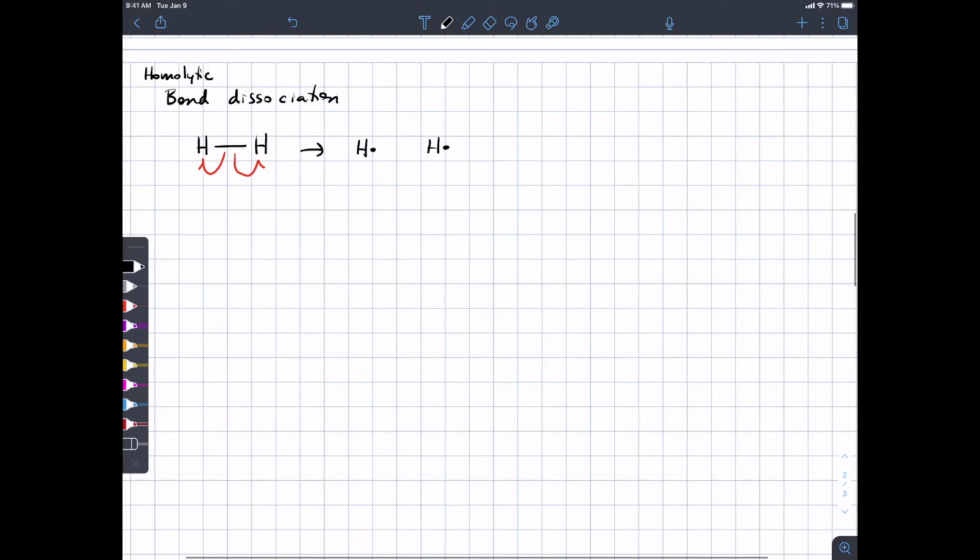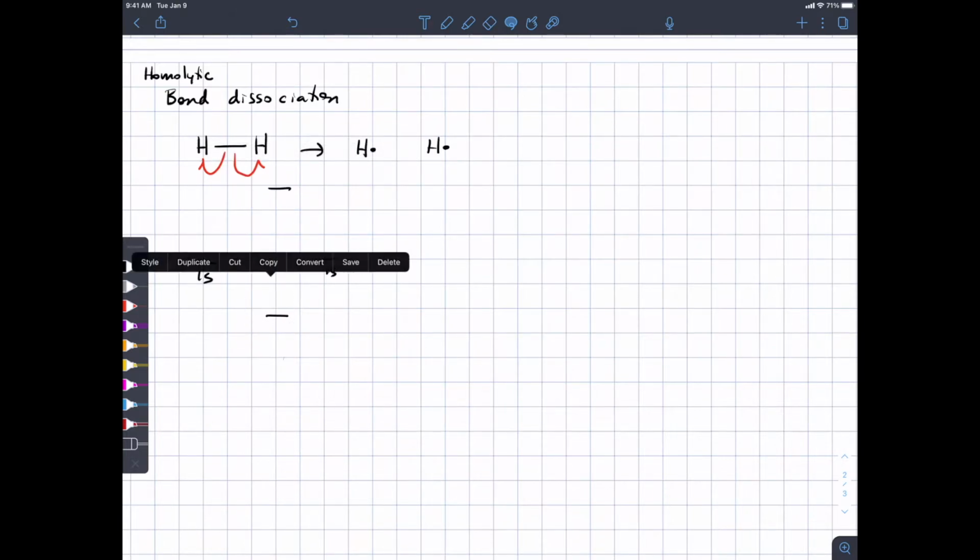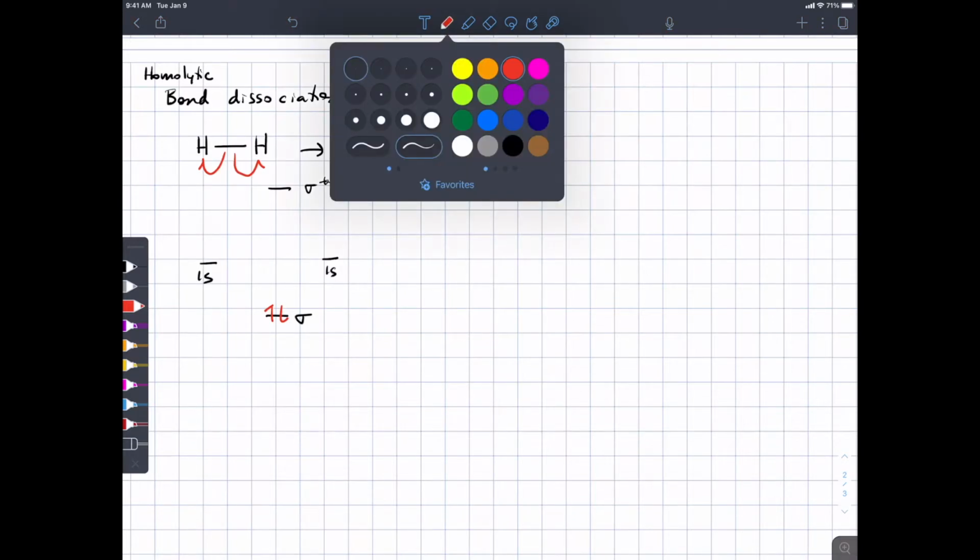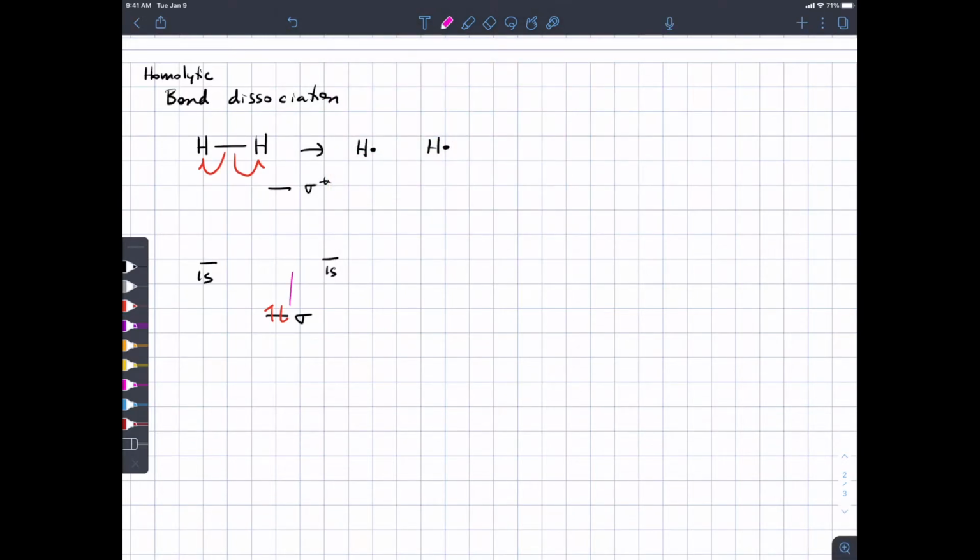Do you remember at the beginning of the class we talked about how you make a bond from two hydrogens, you take the two 1s orbitals from hydrogen and mix them together to get a sigma bonding orbital and a sigma star antibonding orbital. The bond dissociation energy or enthalpy is literally the amount of energy you'd have to supply in order to move one electron there and another electron there, to get them from the bonding orbital back into the starting atomic orbitals.